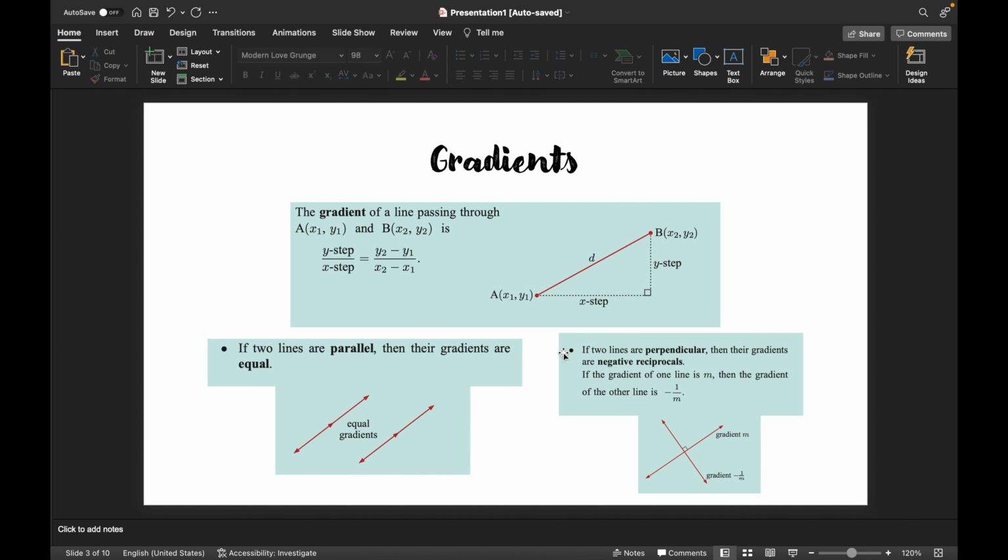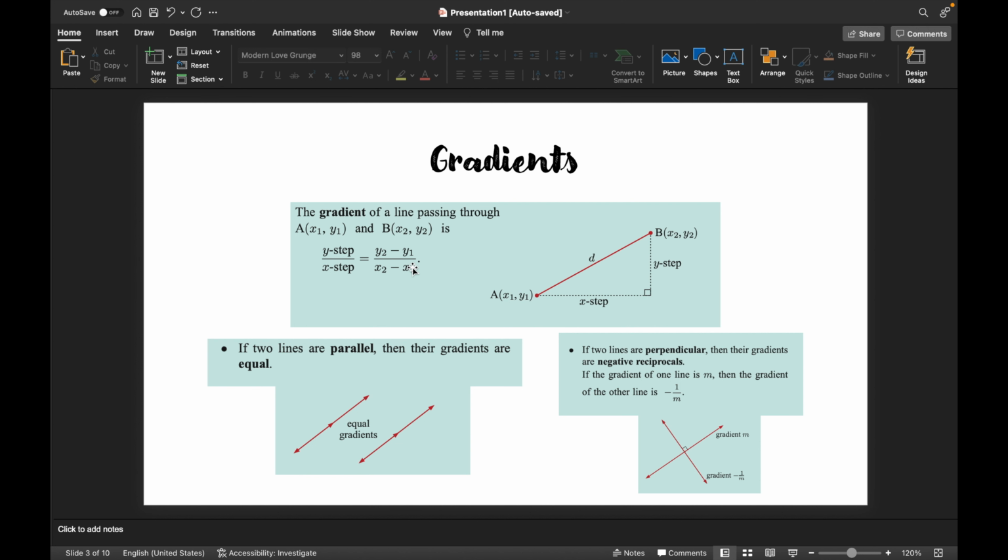Let's move on. So now let's look at another important concept, which is gradients. You might have learned this as rise over run, but it's actually the change in y by change in x. So if it passes through the coordinates of a and b, the gradient would be the change in y, which is y2 minus y1, divided by the change in x, which is x2 minus x1.